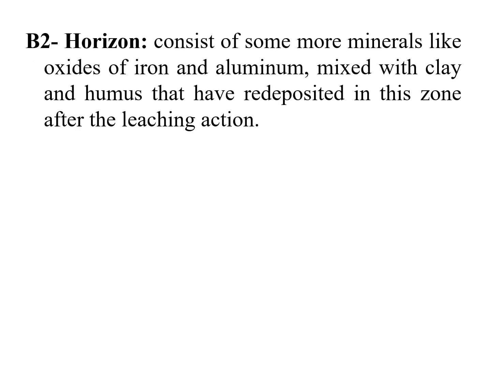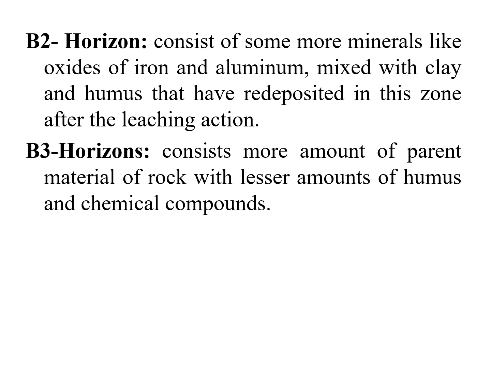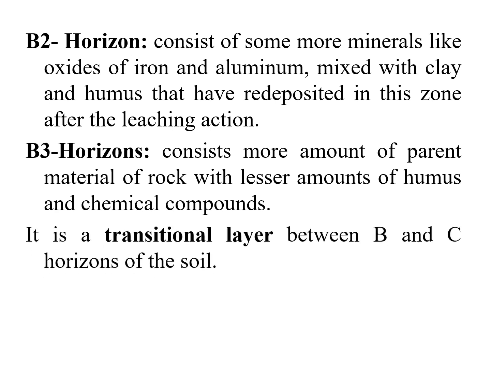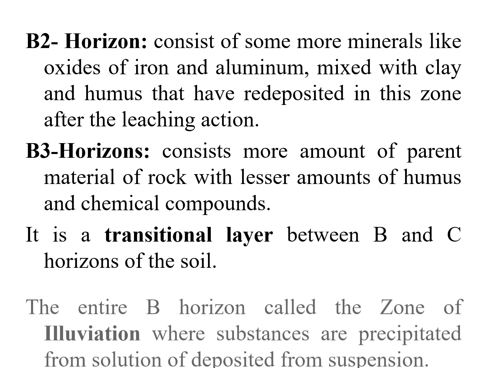And the B2 horizon consists of some more minerals like oxides of iron and aluminium mixed with clay and humus that have redeposited in this zone after the leaching action. Then the B3 horizon consists of a greater amount of barren material of rock with lesser amounts of humus and chemical components. It is a transitional layer between the B and C horizons of the soil.